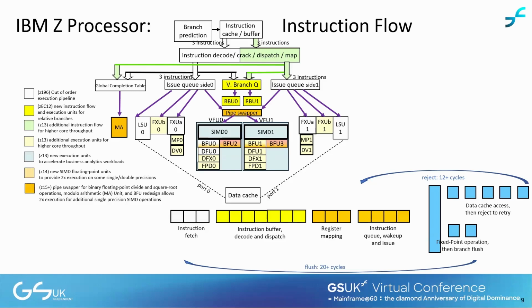These are pipeline hazards. The reject, which is about 12 cycles on most of these designs, happens when we miss the cache. Right, and these pipelines are so deep and the cycle time is so short that we have to issue things with the presumption that we think they're going to hit in the cache, and we issue them with that timing, and we issue all dependent instructions against those instructions with this optimal timing.